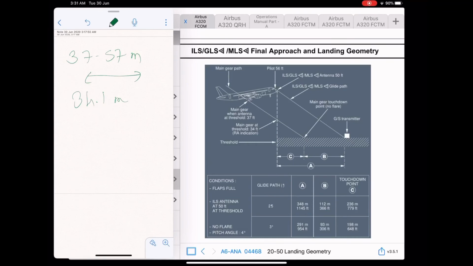Essentially it's saying that the main gear and antenna at threshold is 37 feet, main gear at threshold is 34 feet, which is your radio altitude indication. Main gear path and pilot is at 56 feet. Final approach and landing geometry. Essentially it's trying to show your clearance in terms of your final approach at the time of flare.